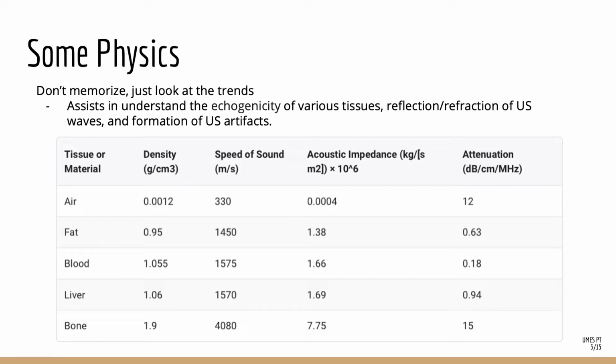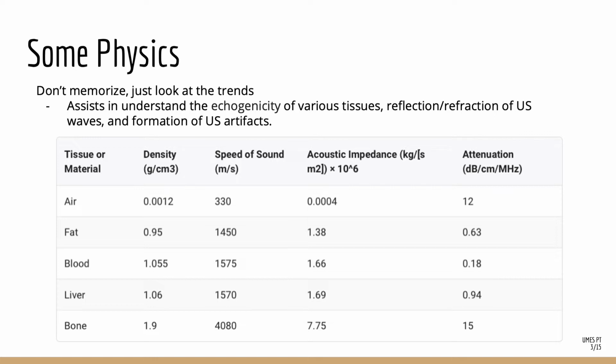And you can kind of see these values on this column right here. So when you're going from one structure to another, say, air to bone, that's why we can use the ultrasound gel to make sure that you don't get a lot of this refraction.